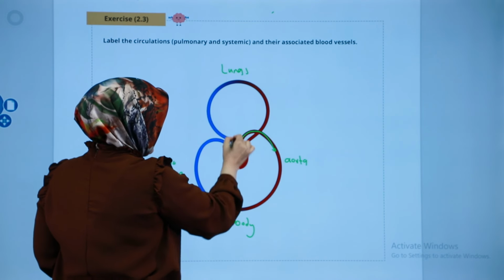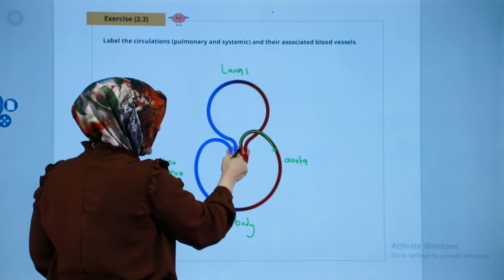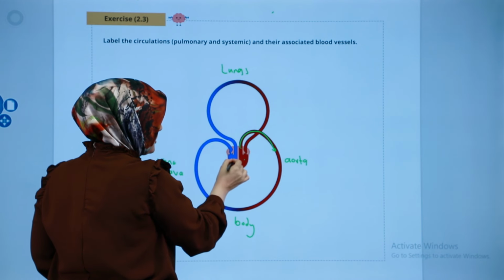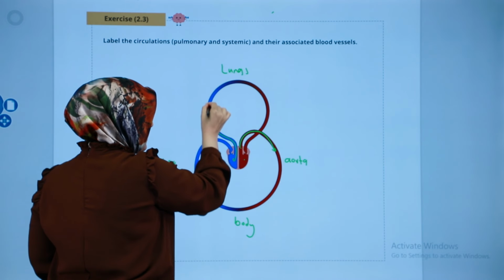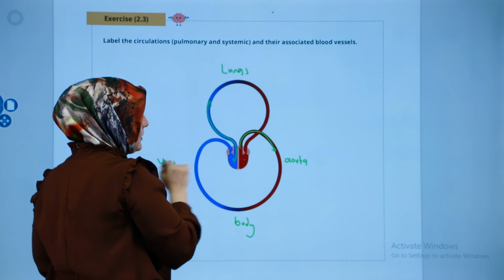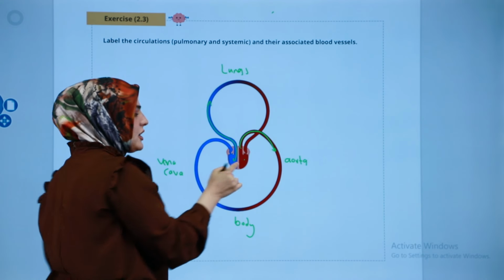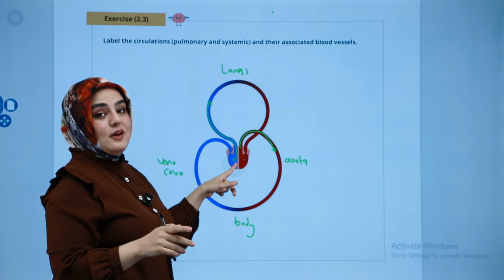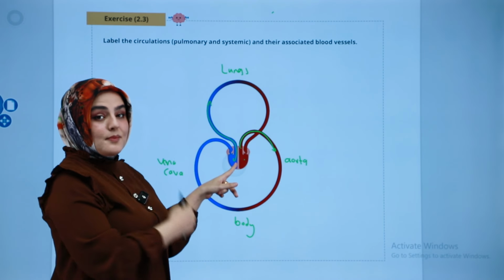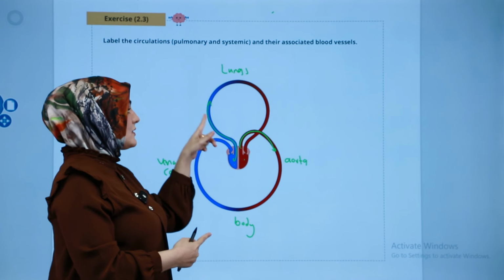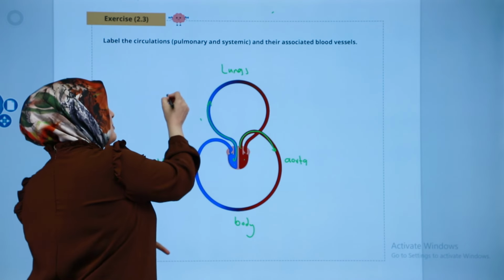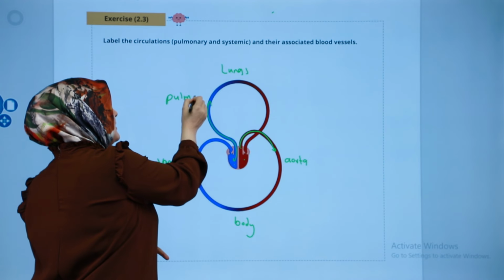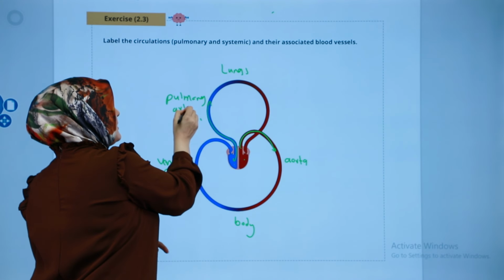All right? And you see that where they're connected to, okay, the vessel connected to which chamber, this is how you know which vessel is this. This is connected to the right ventricle, so it is considered as the pulmonary artery.